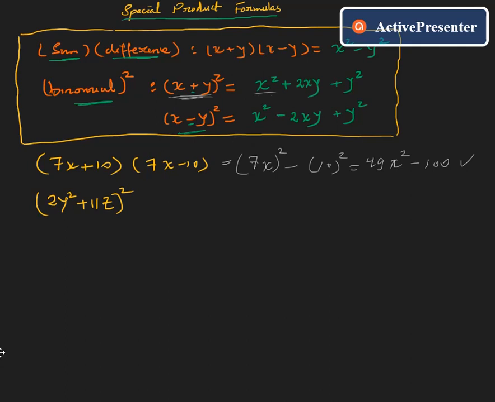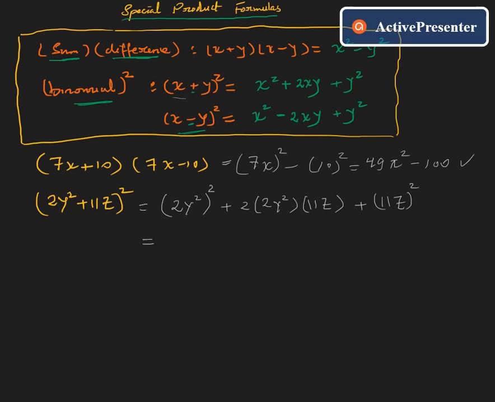So this will be equal to the first term square, 2y squared all squared, plus 2 multiplied in the first term, 2y squared, multiplied in the second term, 11z, plus the second term squared.